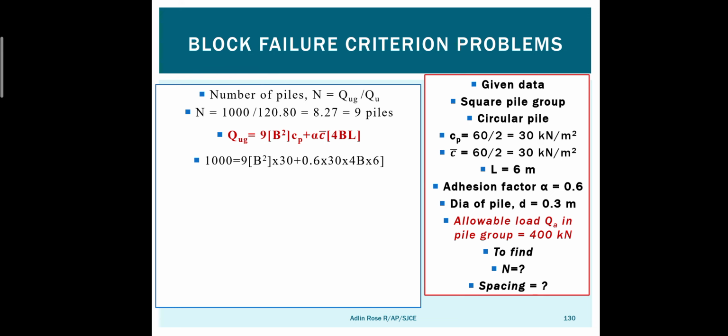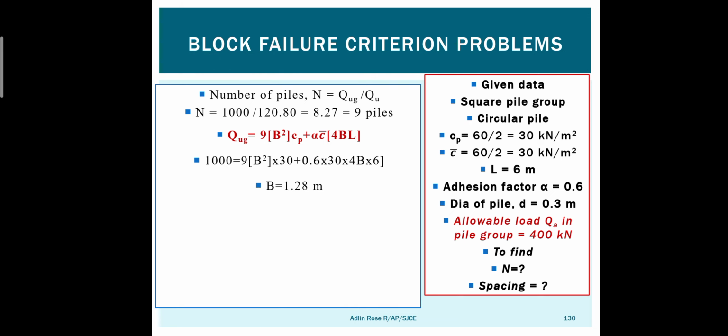So QUG, you know, 1000 is equal to 9 into b square. Do we know the b square? We do not know, because we have to find the center to center spacing of the pile. So we keep the b as such: b square into cp is 30, plus alpha 0.6 into c bar is 30, into 4b into 6.